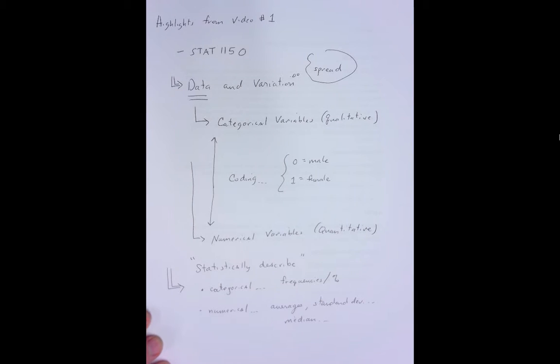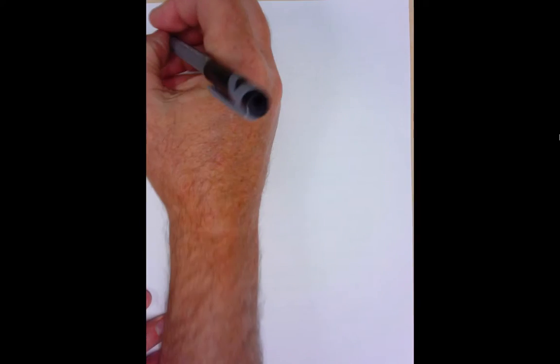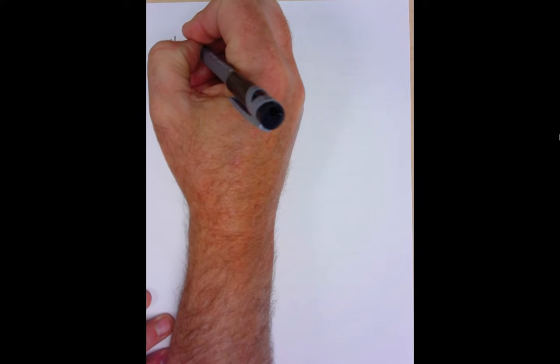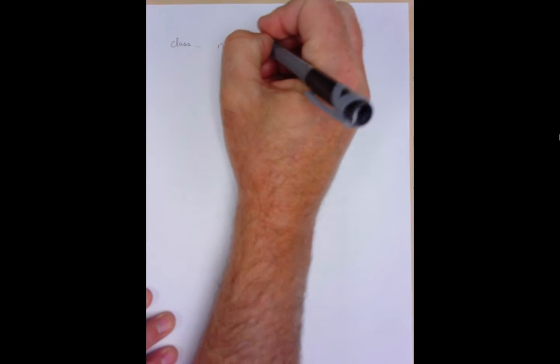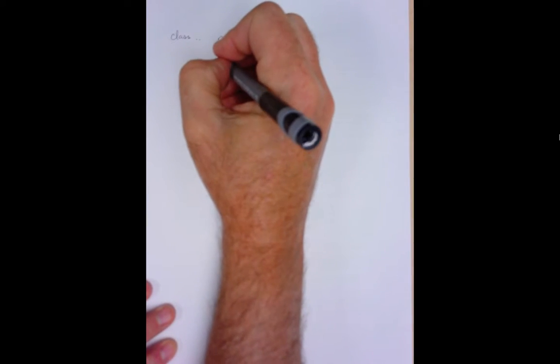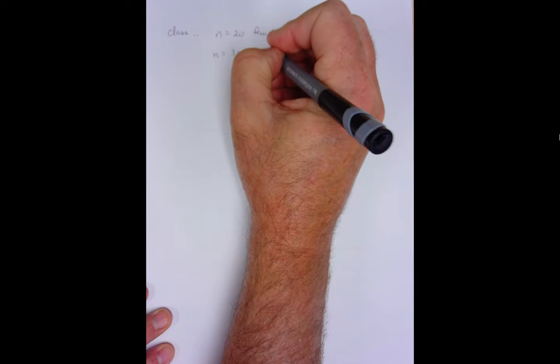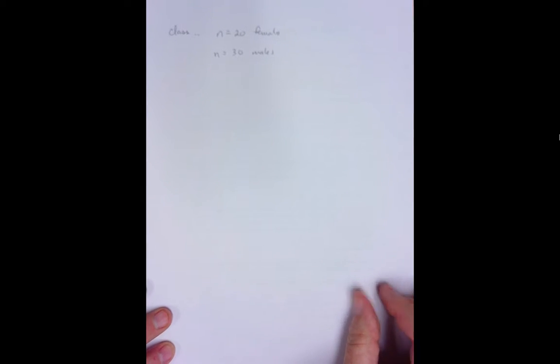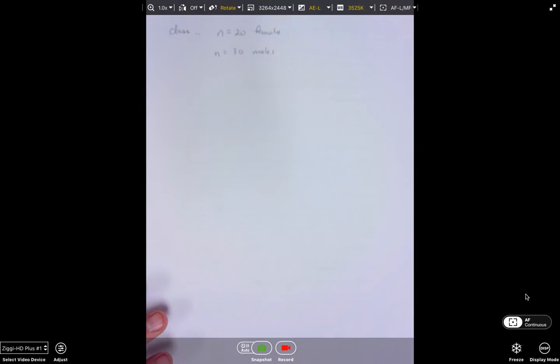So it works out pretty nicely. When we have categorical variables, all we look at is just the frequencies and the percentages. For example, to keep it very straightforward, if I have a class that has n equal 20 females and n equal 30 males, then I have 50 total. Let's try to get the focus a little bit better.